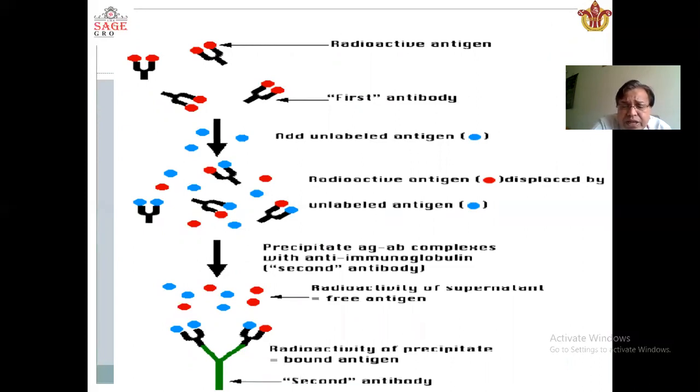You can see the radioactivity of the supernatant and free antigens in this diagram. Radioactivity of the precipitate, the bound antigen, is given here. Blue dots are attached with antibody and radioactive antigen is also attached with antibody. They compete with each other.